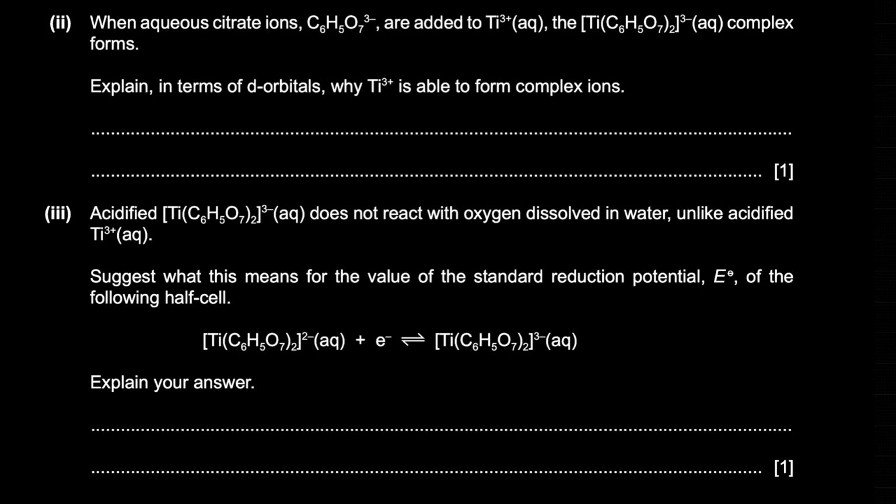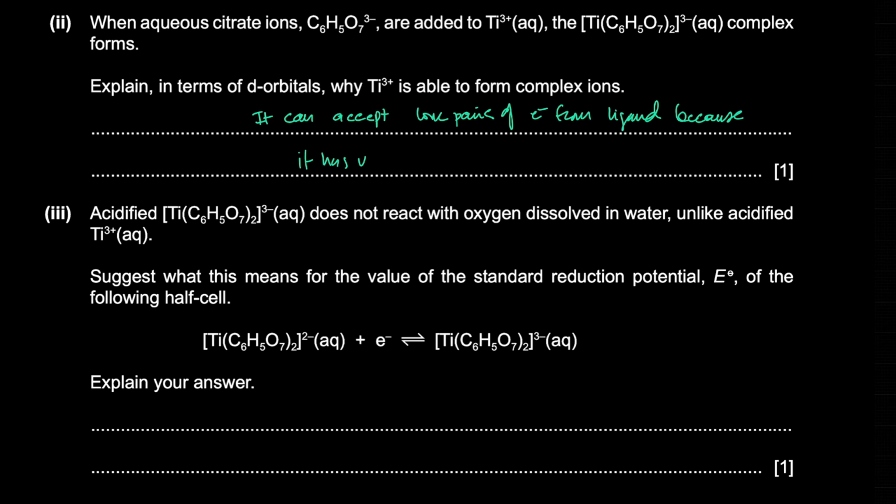The reason why transition element atoms or ions can form dative bonds, or form complex ions, is that they can accept lone pairs of electrons from ligands because they have empty d orbitals. So here, Ti3+ can accept lone pairs of electrons from ligands because it has vacant d orbitals.